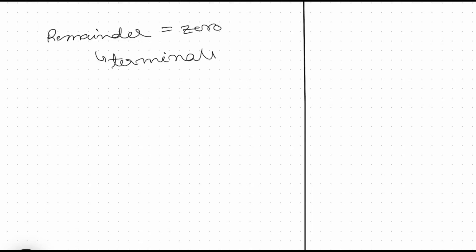Now, wherever the remainder is 0, we call them terminating rational numbers.